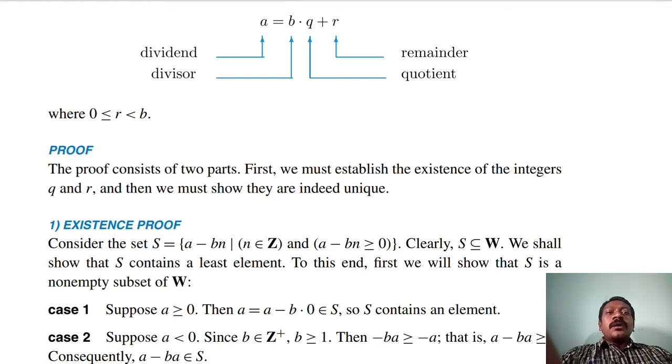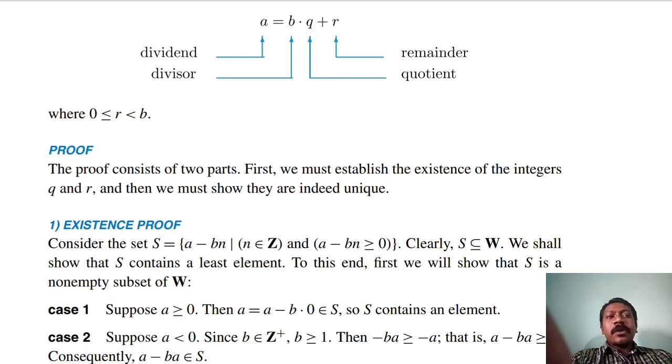See, consider the set S equal to a minus bn, n belongs to Z and a minus bn greater than or equal to 0. Clearly S is contained in W, W means the whole number set. It is from 0, 1, 2, 3 up to infinity.